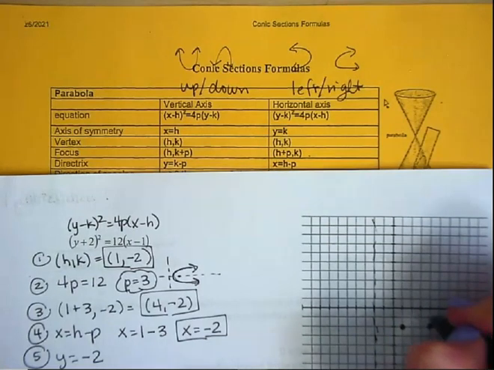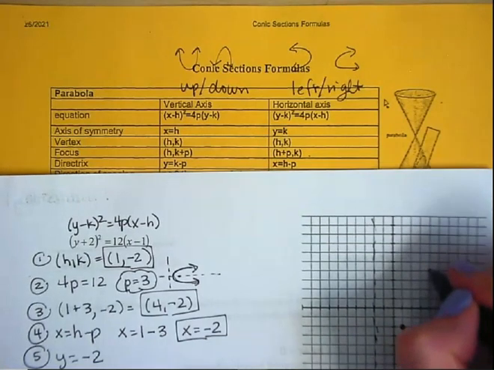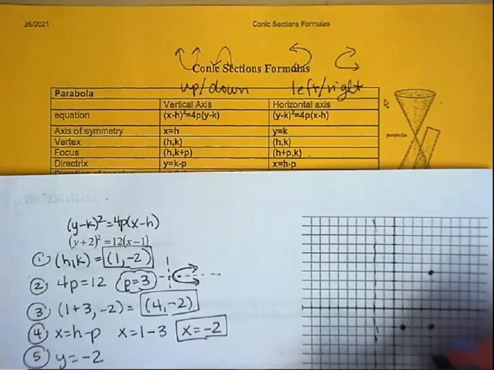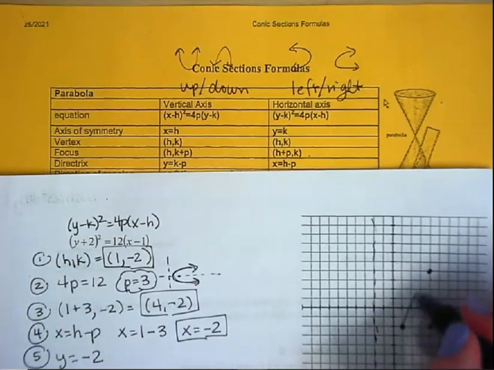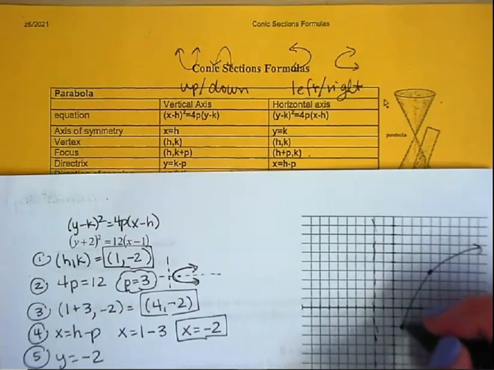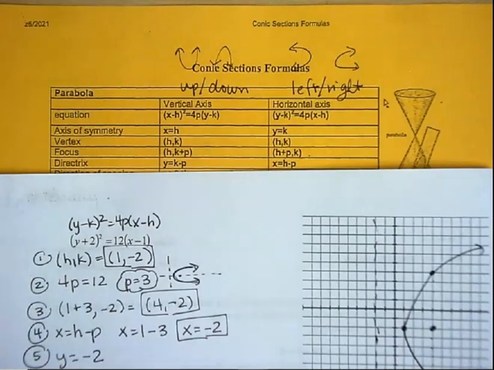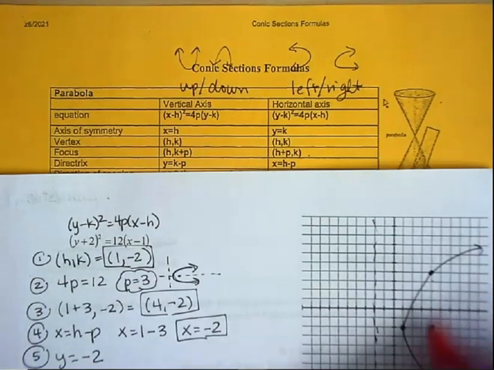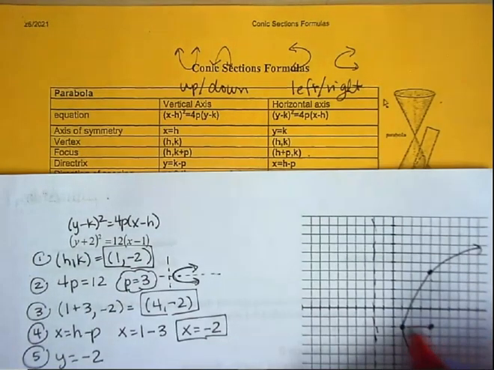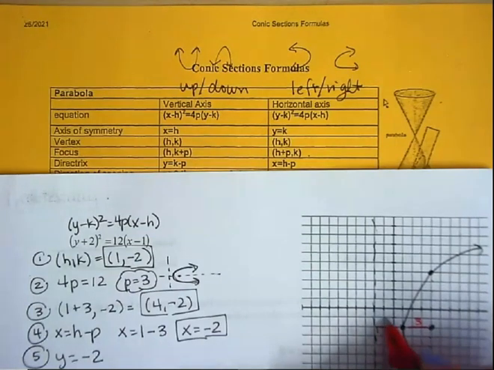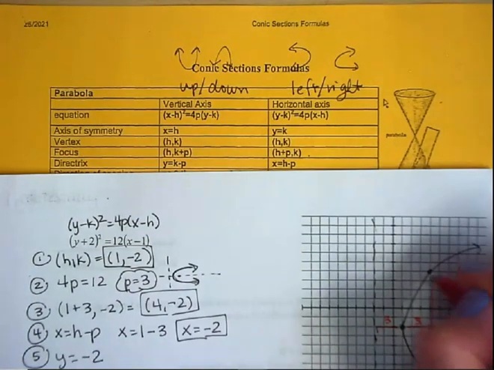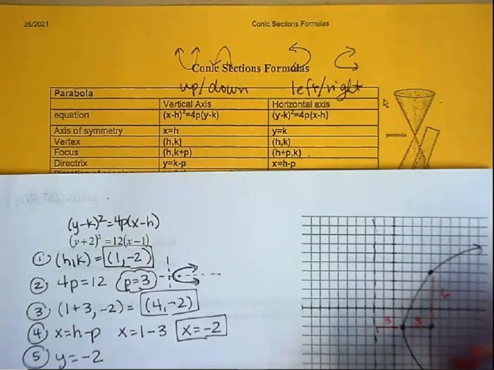So up 6 and down 6, either direction of the focus. Here's my vertex, and there is my parabola shape right there. So we went p this way, that was 3. This way was 3. And twice p this way, and twice p that way.